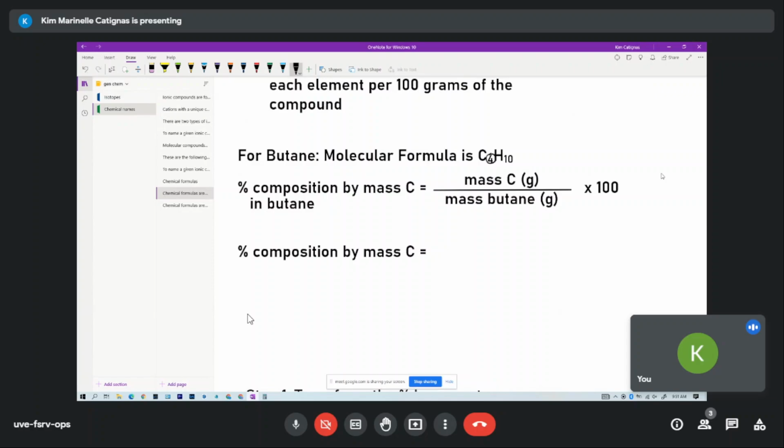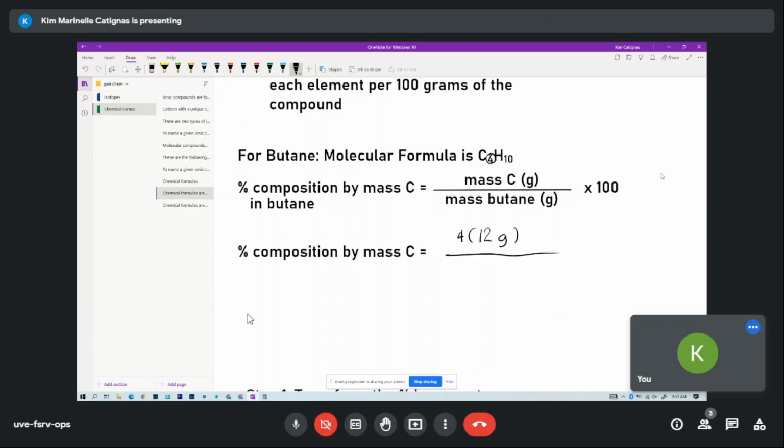So, meron siyang 4 na atoms sa isang molecule ng butane. And then we are going to multiply that to the molar mass niya na makikita po natin sa periodic table.